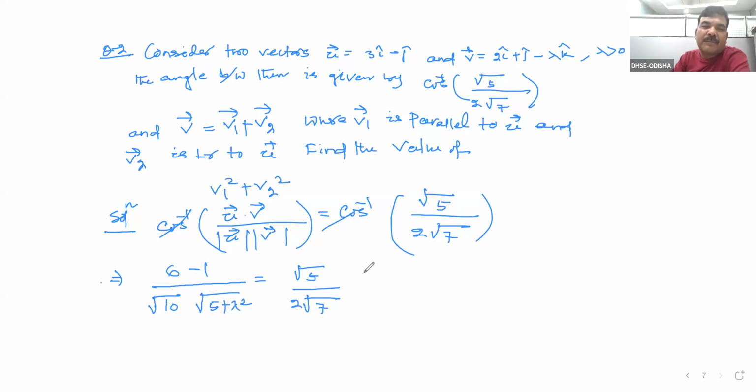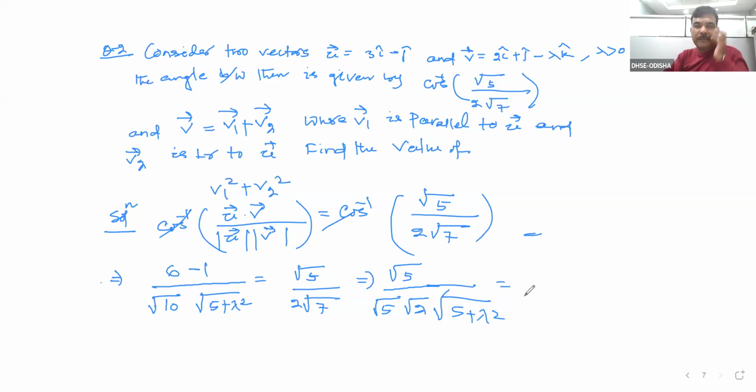So this implies 5 upon root 10 is root 5 into root 2, into root of 5 plus lambda square, equals root 5 upon 2 root 7.